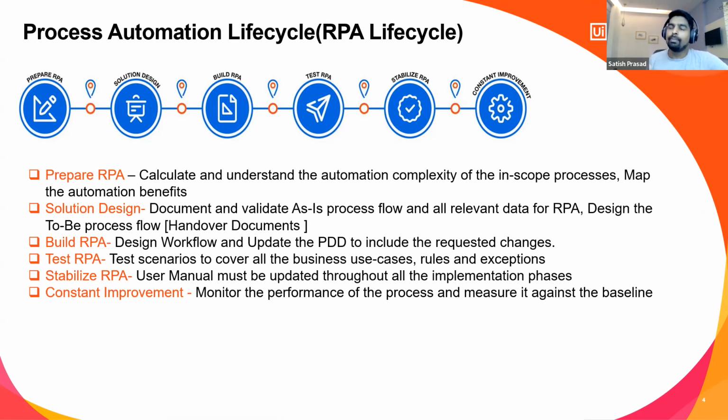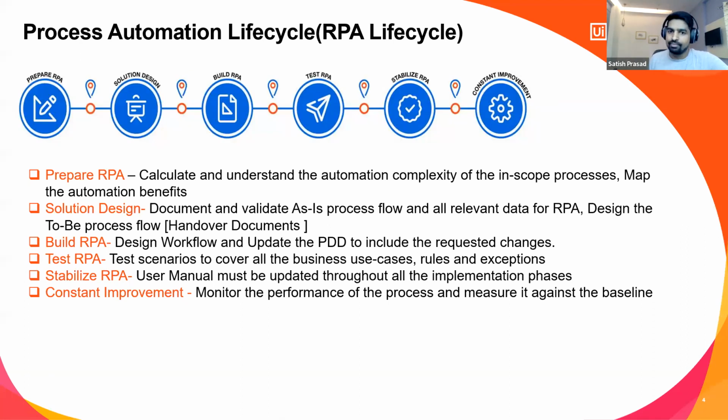Then next, we move to Build RPA. Build RPA is one phase. When you talk about RPA development, it is Build RPA. Here, the actual coding and designing of the workflow happens, right? Based on the requirements you have received from the BA in the form of the PDD, you work with a solution architect on the architecture design of the bot, how it needs to be built.